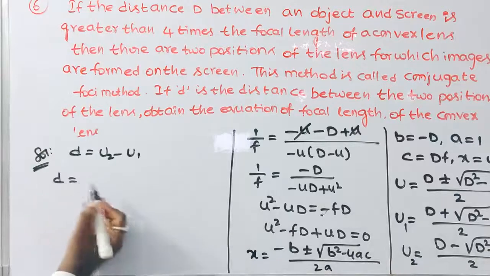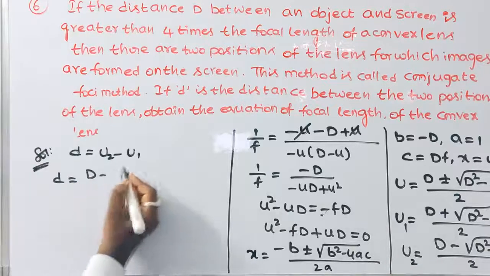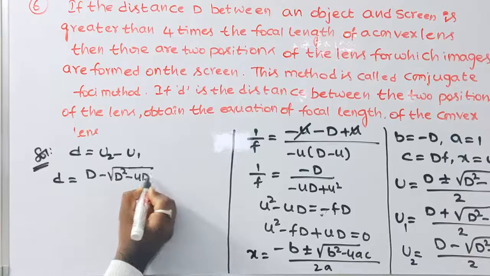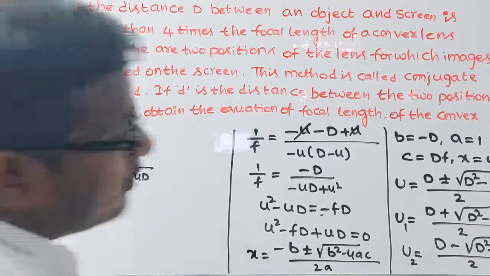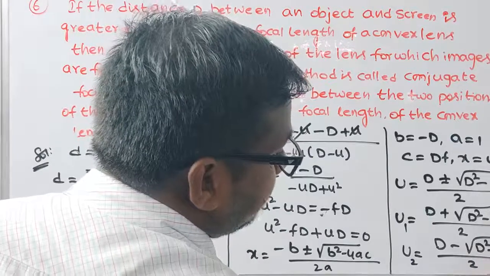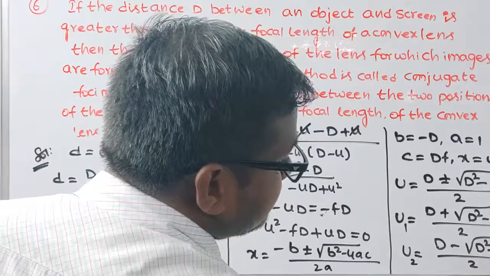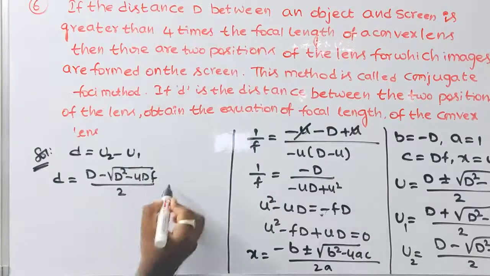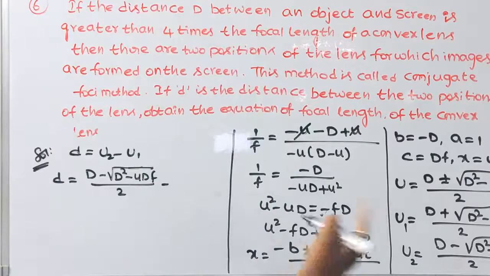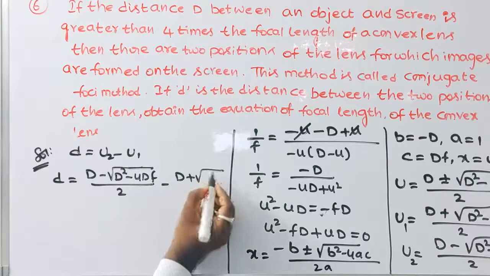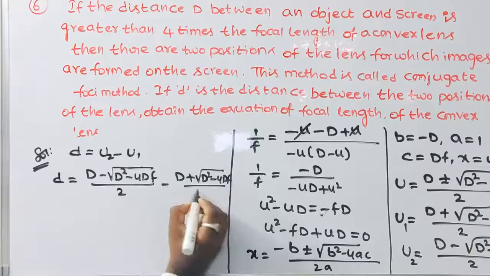Then d is equal to d minus square root of d square minus 4df by 2, minus d plus square root of d square minus 4df by 2.